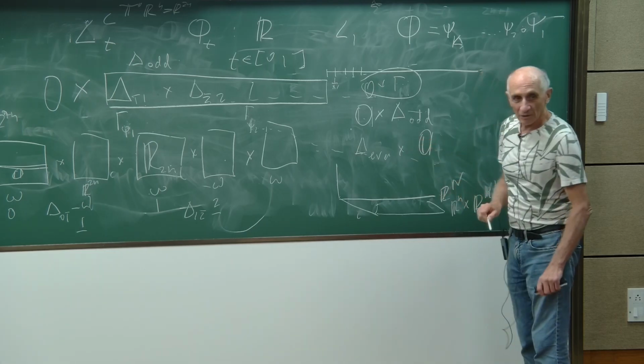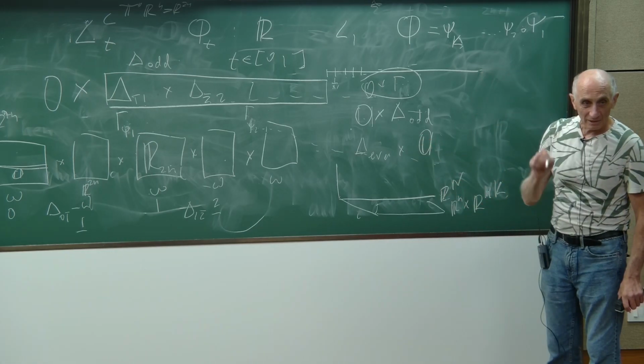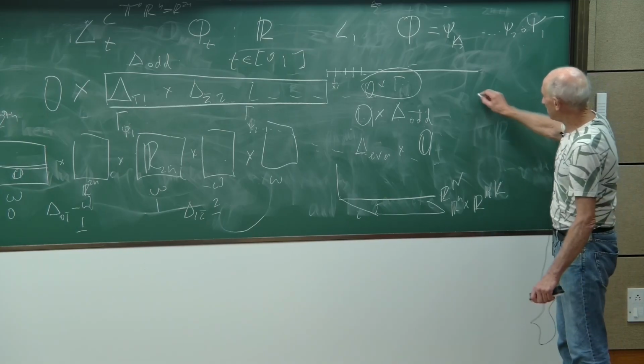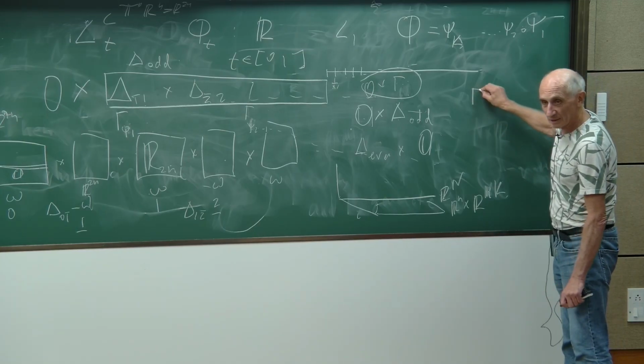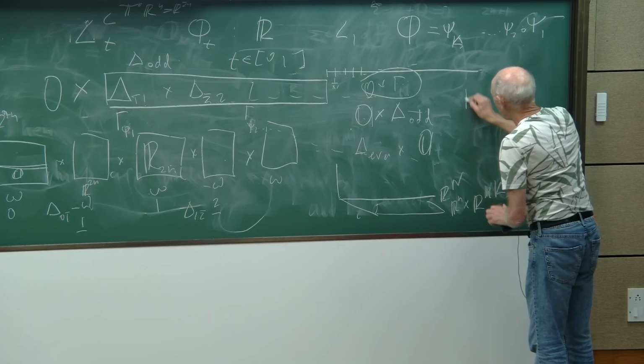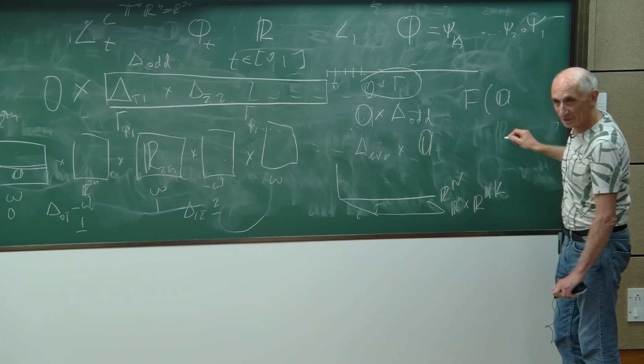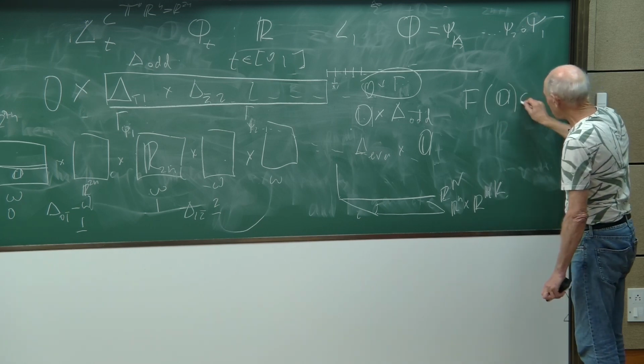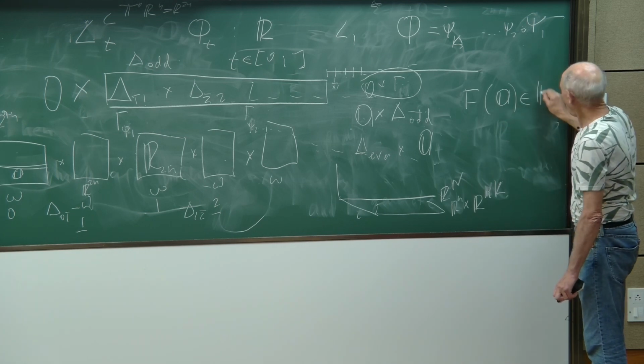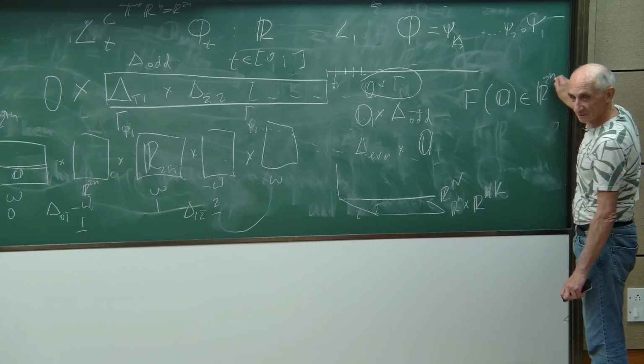So now I will present what I'm interested in. I'm interested in the graph in just the f of 0 section, right? The f of 0 section, as sitting in R to star n.